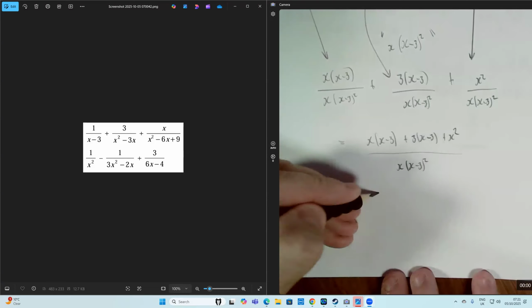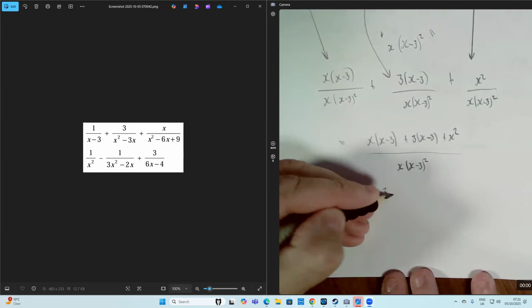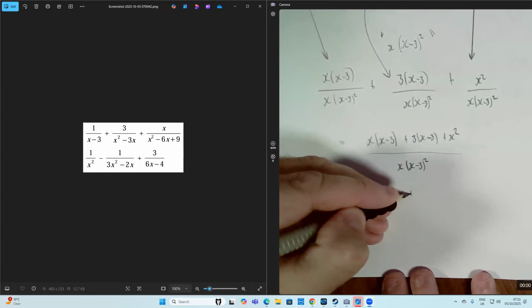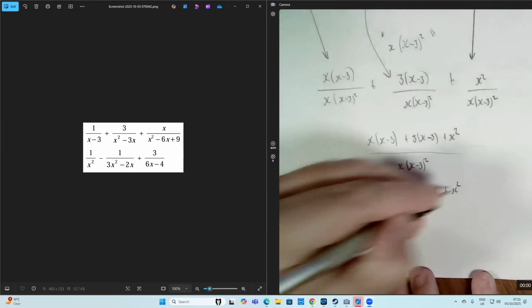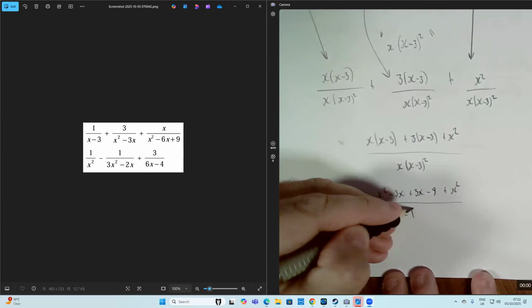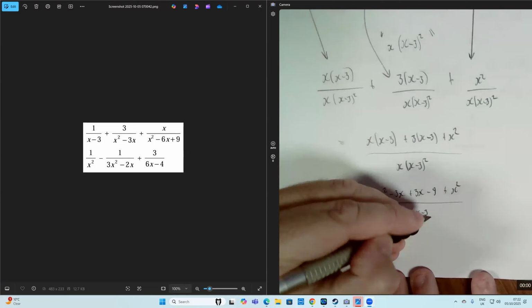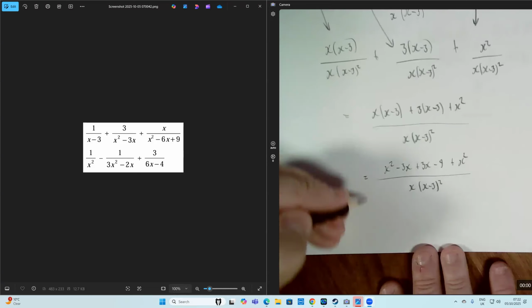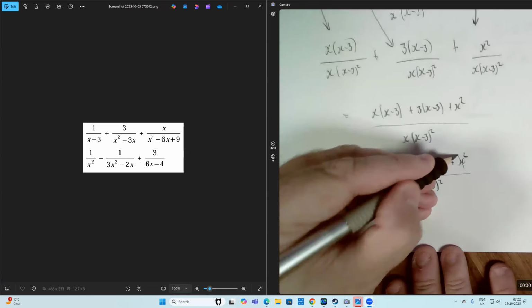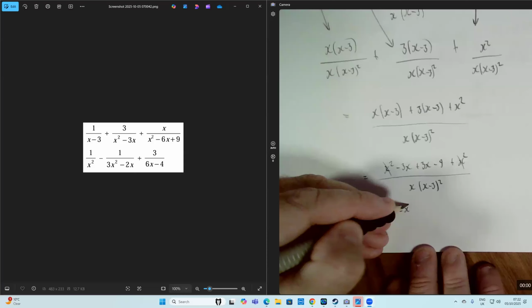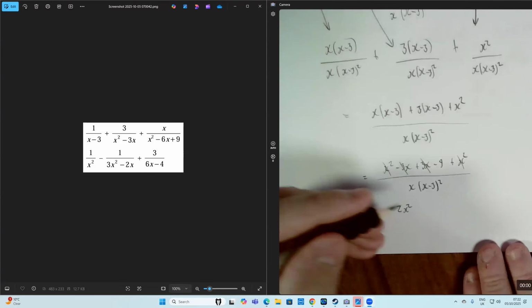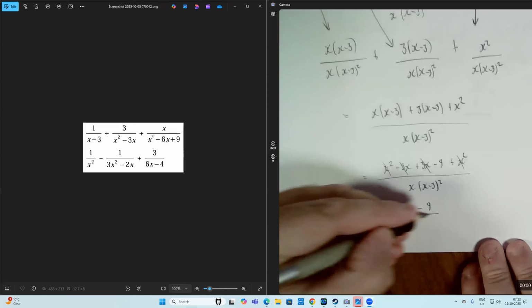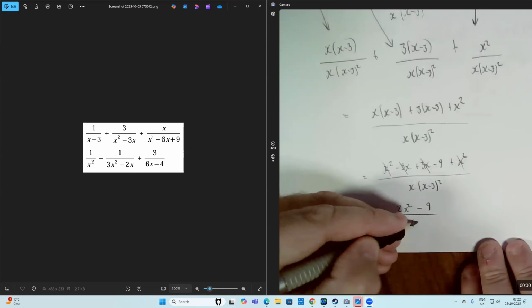So we end up here with x squared minus 3x plus 3x minus 9 plus x squared all over x times x minus 3 squared, which is going to simplify into x squared add x squared is 2x squared, plus 3x and minus 3x cancel out with each other, and we have minus 9 over x times x minus 3 all squared.